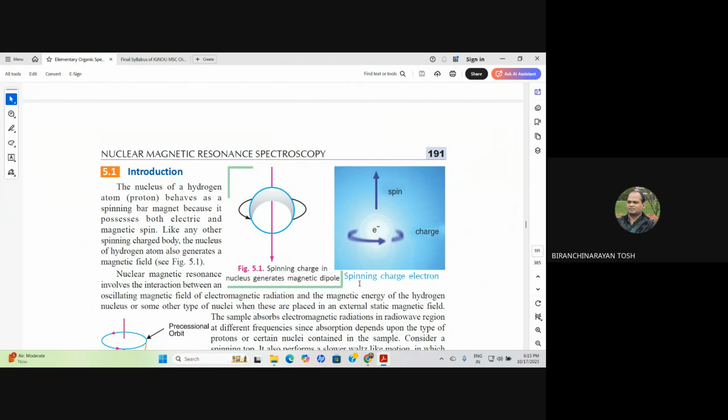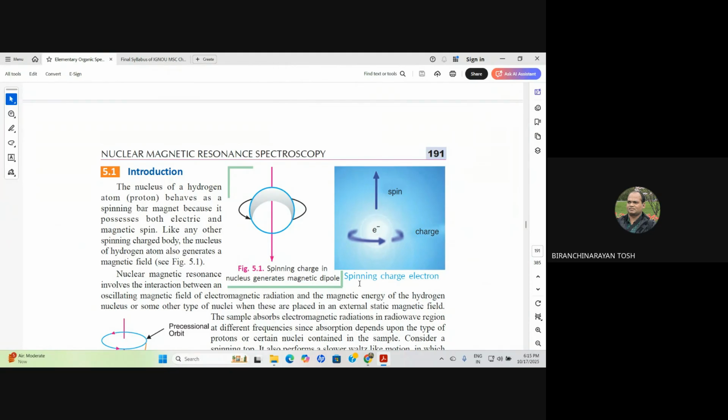So this involves the interaction between an oscillating magnetic field of electromagnetic radiation and the magnetic energy of a hydrogen nucleus or some other type of nuclei. What are the other types of nuclei that we'll see?